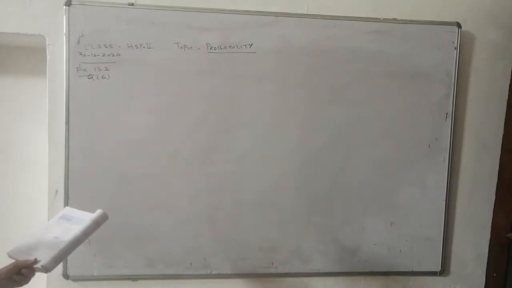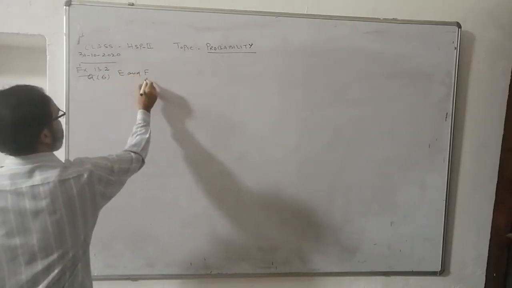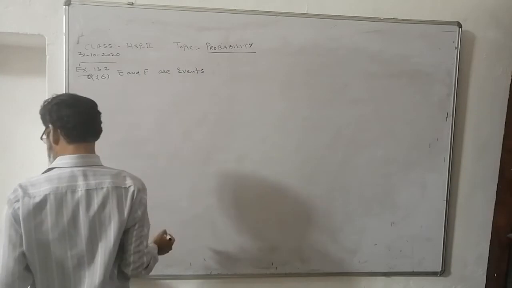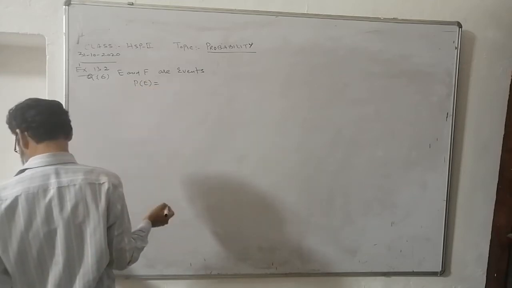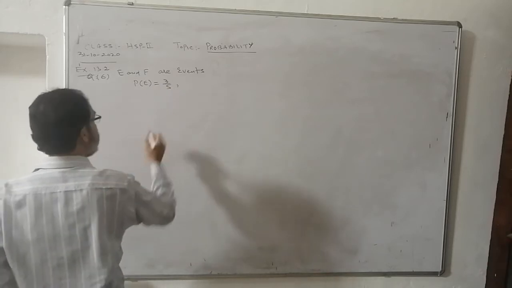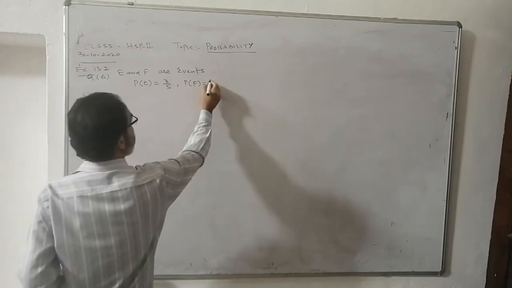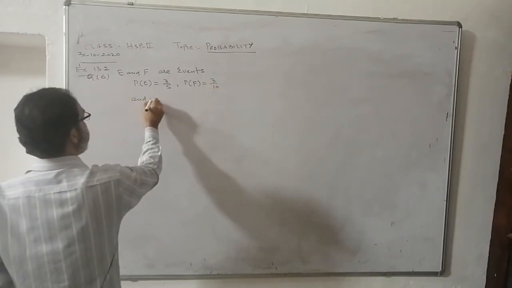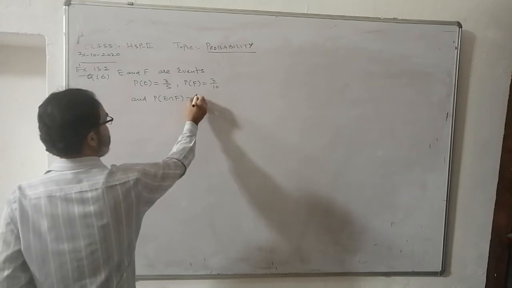It says if E and F are events, and it is given probability of E is 3/5, and probability of F is 3/10, and probability of E intersection F is given to be 1/5.